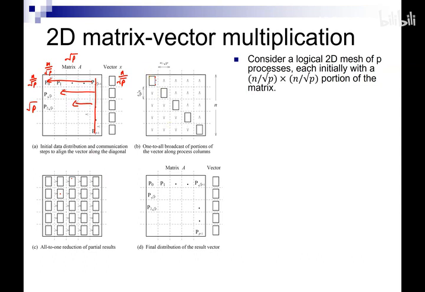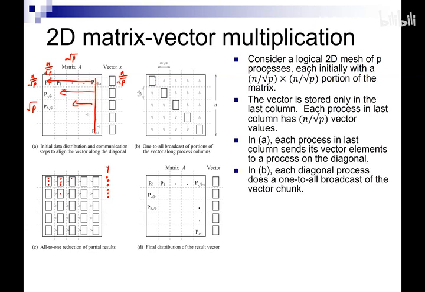After the broadcast, all of the processes do these computations to get these partial values over here. Then they all do reductions in order to add up these partial values into the final output values. So those are the steps that are going to happen.